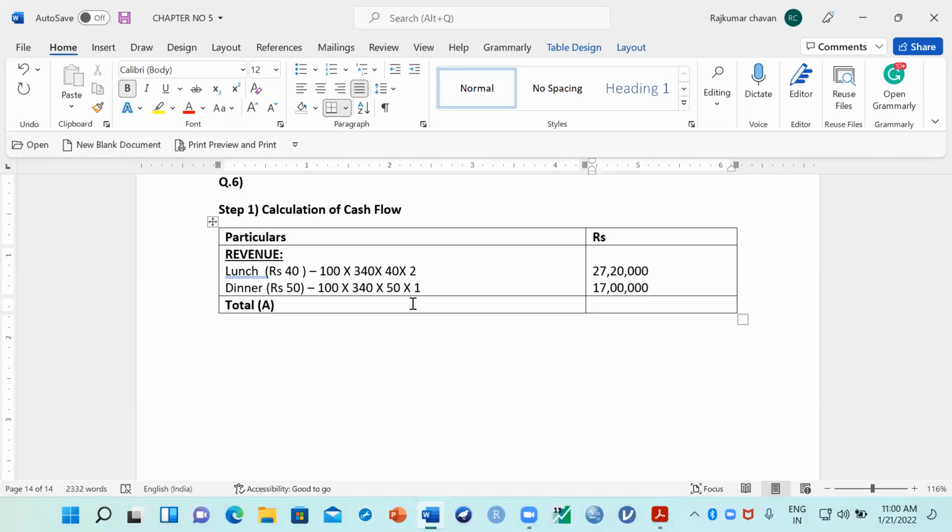Total of this, 27 lakh 20 plus 17 lakh, is how much? 27 lakh 20,000 plus 17 lakh. How much? It is 44 lakh 20,000. So this is the total revenue they expect to generate from the lunch and dinner in a year.